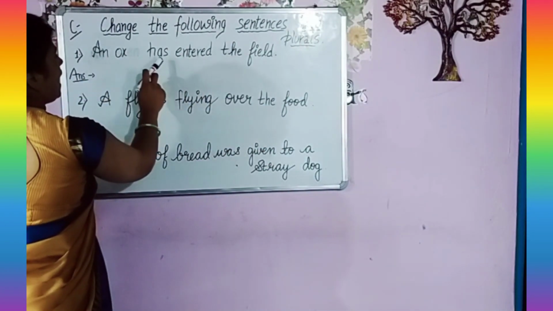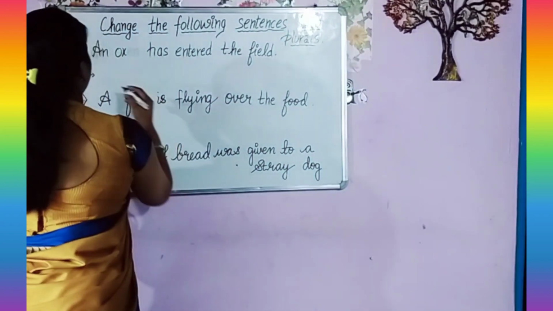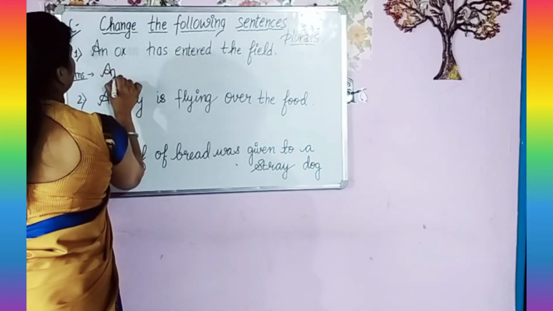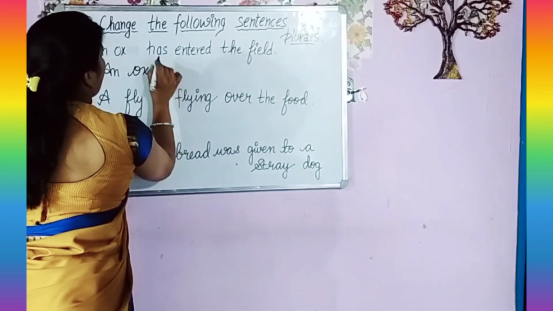An ox has entered the field. In this, we are talking about only one ox. So when many oxen are there, what will be the sentence? How will we write it? An oxen has, what will it become?